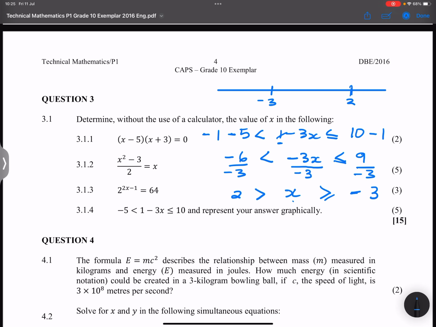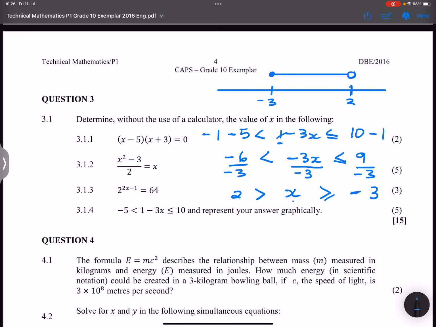And so that means in this case, x must be between those values. It must be greater or equal to negative 3, and it must be less than 2, so 2 is not included.